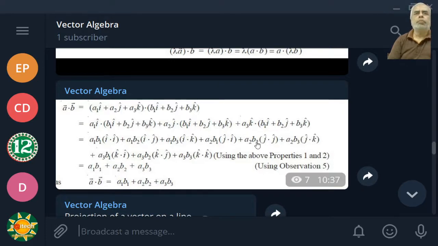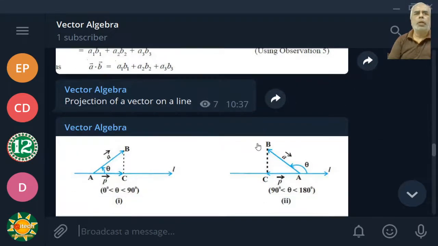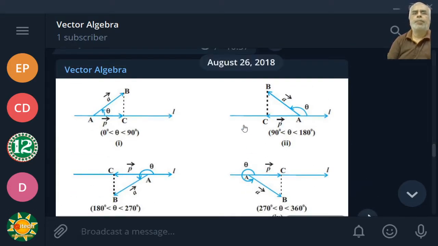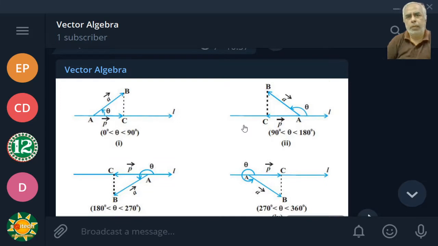Then now let us move to a very important aspect, the projection of a vector on a line. What is that? Now let us consider this. Here let us consider the first case. Now A to C, that is vector P, A to B, vector A. So we have these two vectors, and the line joining B and C is perpendicular.